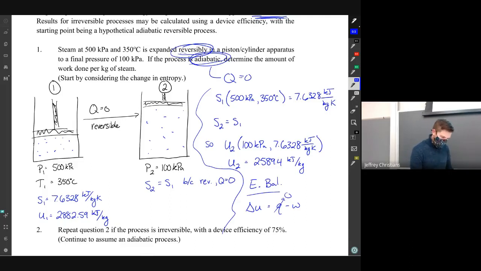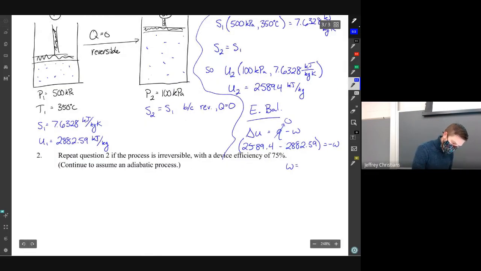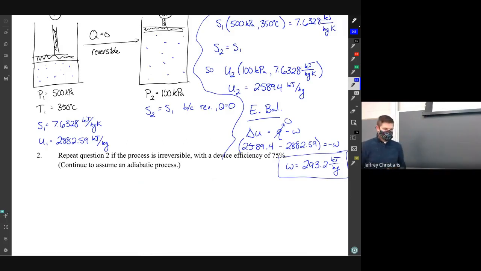So delta U would be 2589.4 minus 2882.59 equals minus W. I'm running out of room, but we would get W equal to 293.2 kilojoules per kilogram. Why can't we use the other, like the way that we did before?